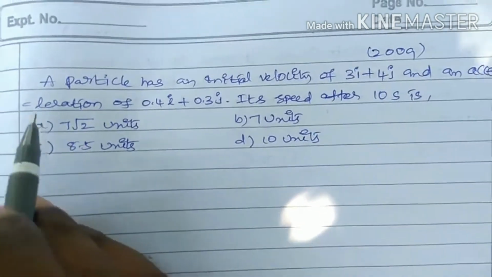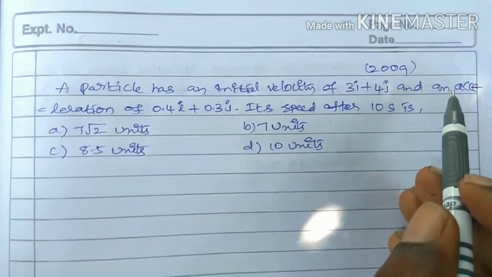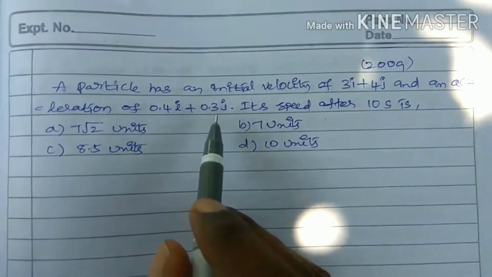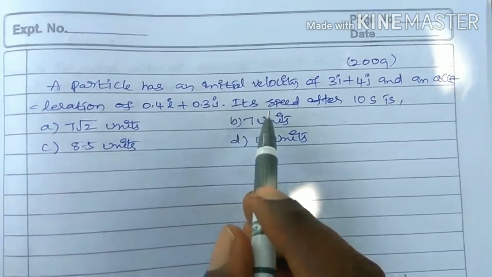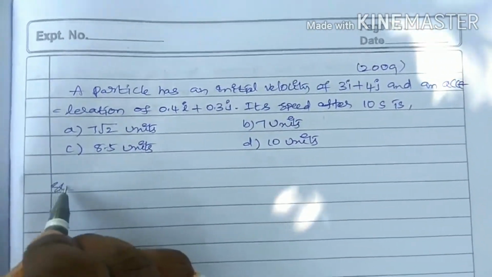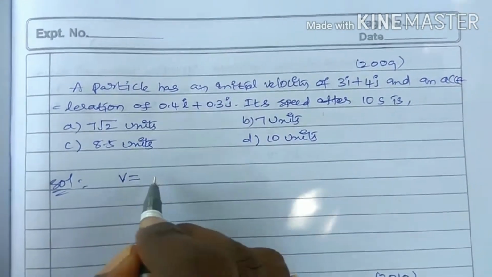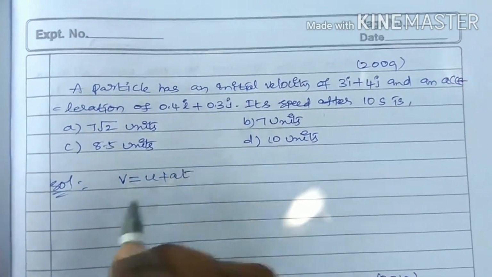So here is another question: a particle has an initial velocity of 3i plus 4j and an acceleration of 0.4i plus 0.3j. Its speed after 10 seconds is, and there are options. The solution is very simple, from the equations of motion: v is equal to u plus at.